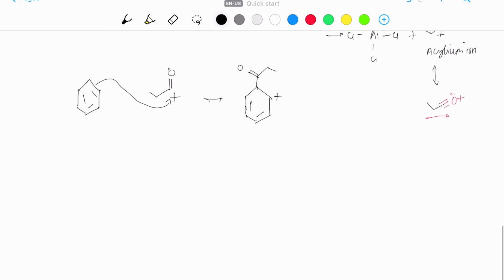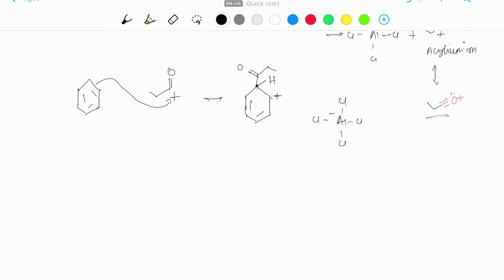And the next step would be substituting our hydrogen. That means pulling off our hydrogen from here. You already know that we have a hydrogen here, right? I'm just drawing it like this, so that another base like aluminum tetrachloride, which is already present in our reaction solution, can take it.